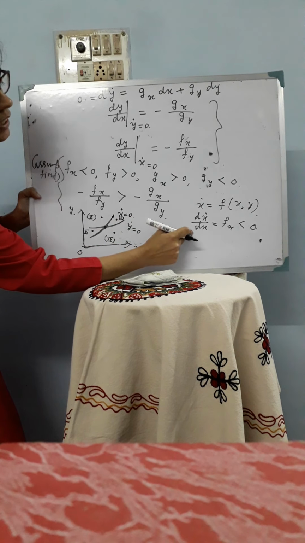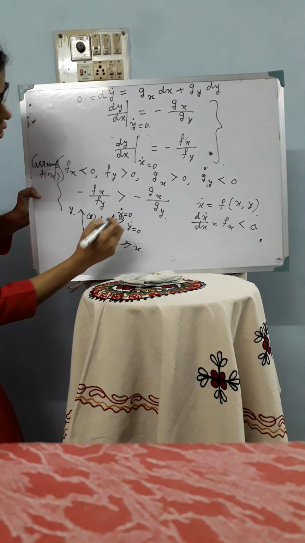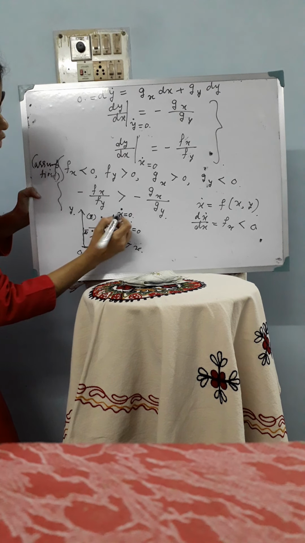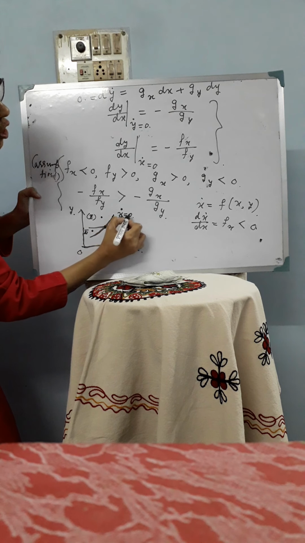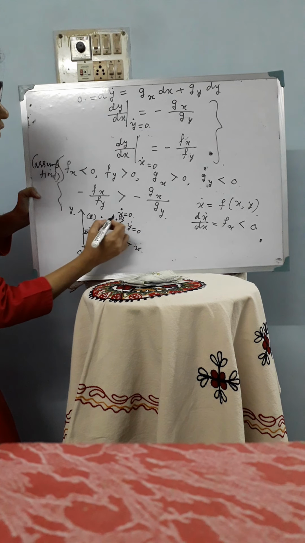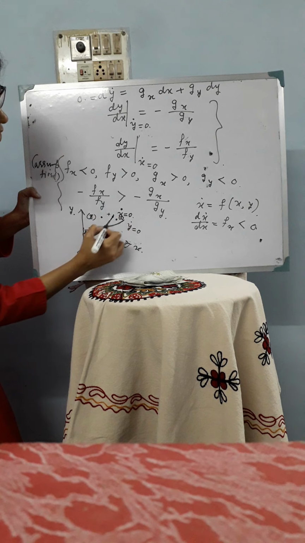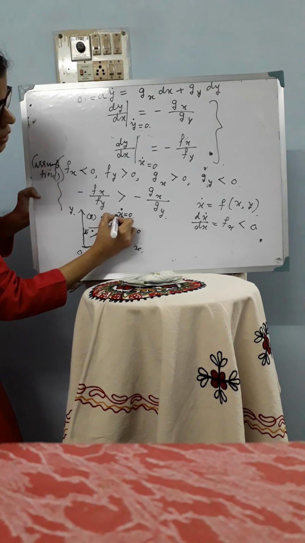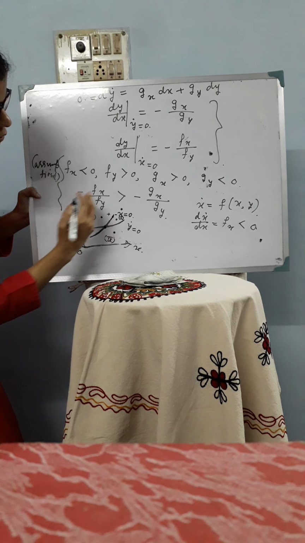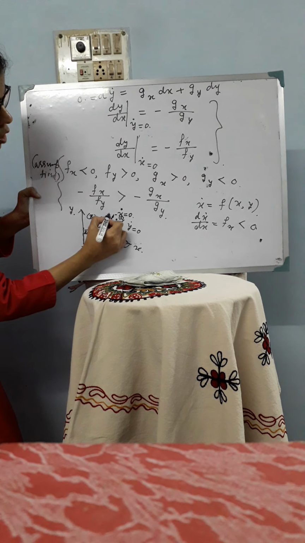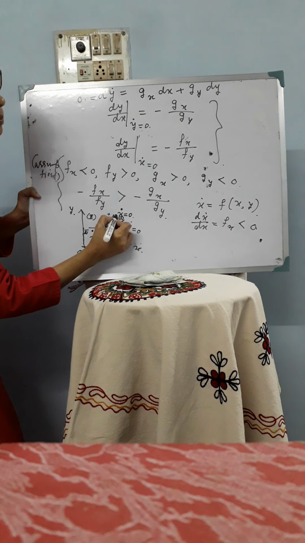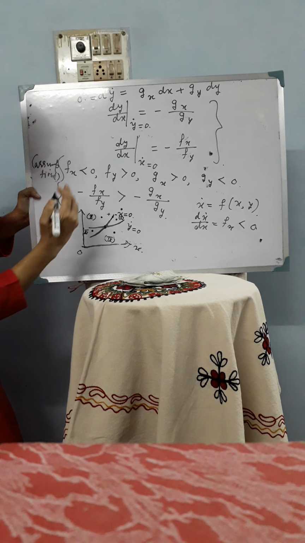Since dx dot dx is less than 0, we can say that to the left of the curve x dot is equal to 0, the value of x dot is positive, and to the right of this curve the value of x dot is negative, because if we go from left to right, then the positive value of x dot will change to 0 here and then decline to a negative value as we move from left to right.